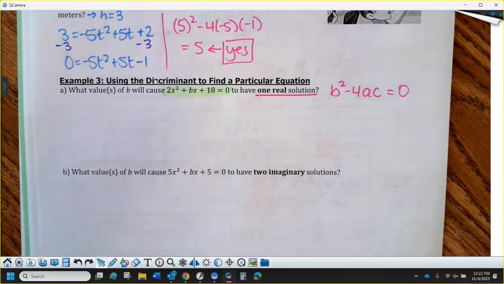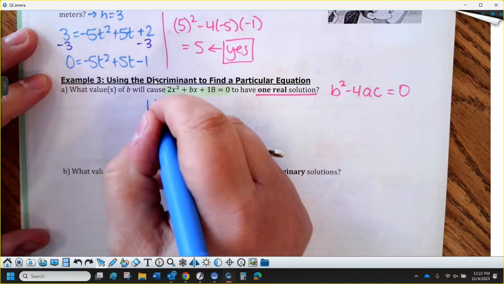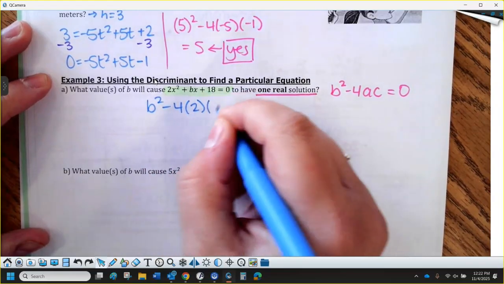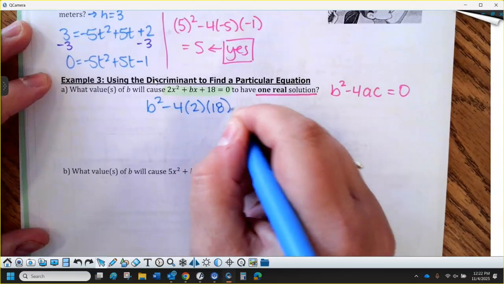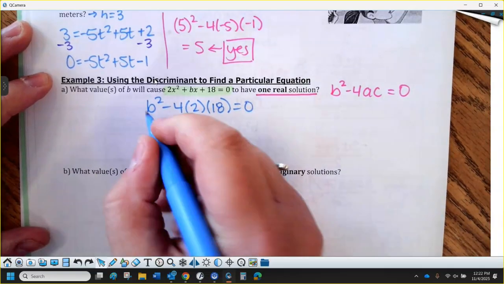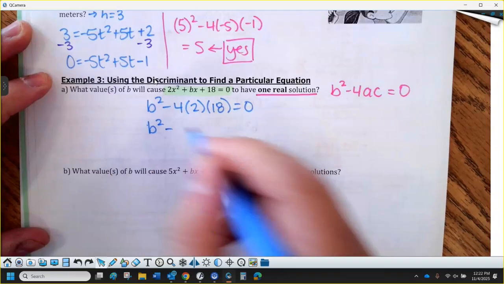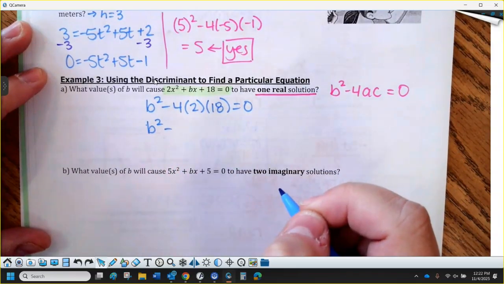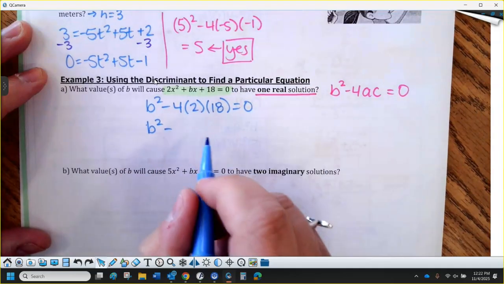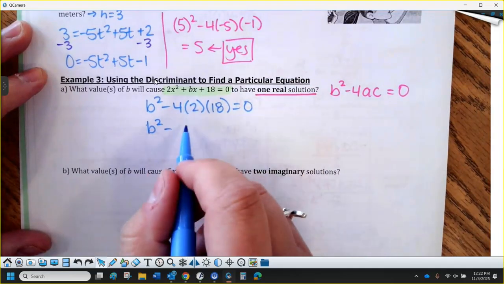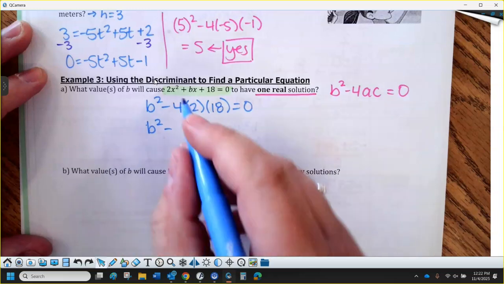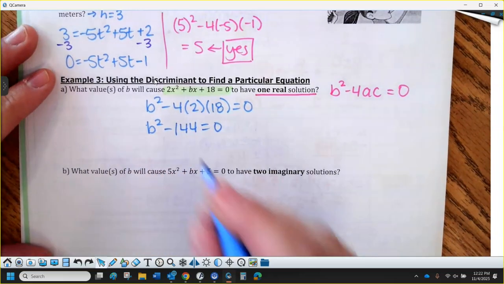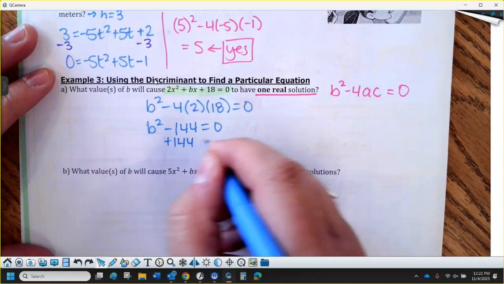So we're going to do b squared minus 4 times the a value in that problem, which is 2, times the c value in that problem, which is 18. If I solve this little equation, that'll tell me the b value that will make this have 1 real solution. So 4 times 2 is 8 times 18 is 144. And we could solve this tiny little equation. So I'm just going to add 144 real quick.